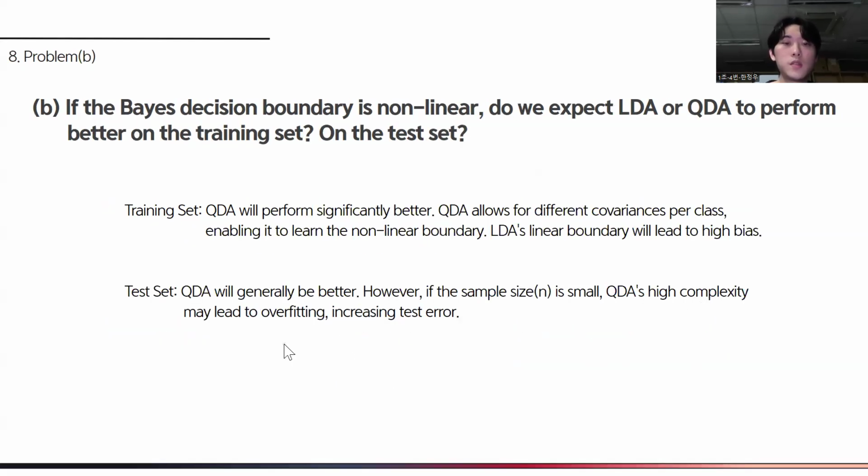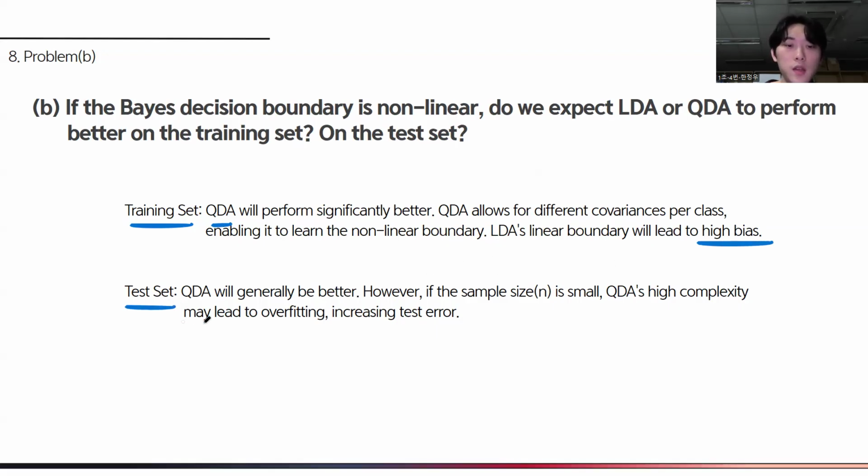Question B is, if the Bayes decision boundary is non-linear, which model will be more advantageous? On the training set, QDA performs much better. QDA allows for different covariance matrices per class, enabling it to learn the non-linear boundary. In contrast, LDA being restricted to a linear boundary will result in high bias.